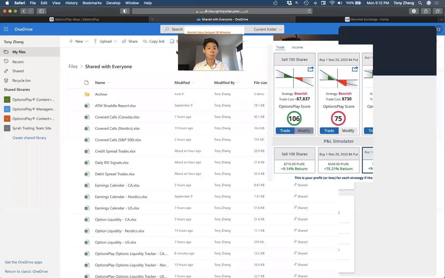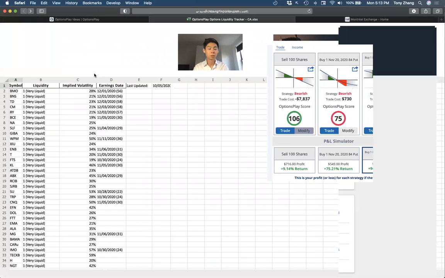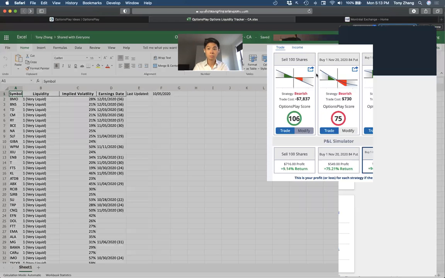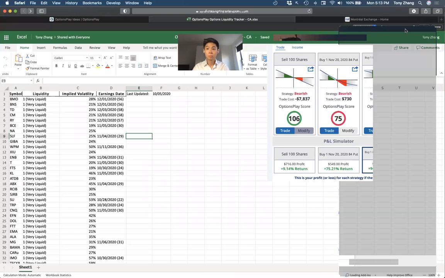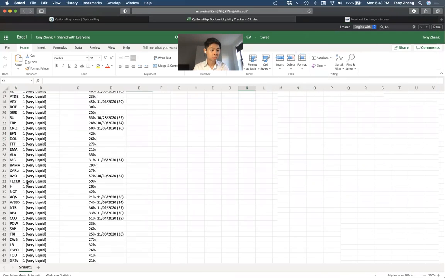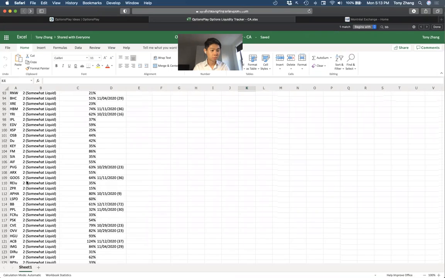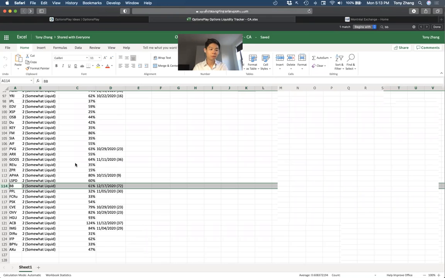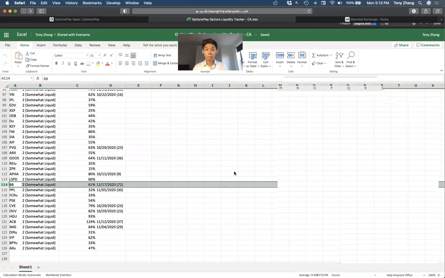Yeah. BB is right here, somewhat liquid. It's not very liquid, and it's near the bottom of the list, which tells me that it is one of the least liquid names out of the 125 names.